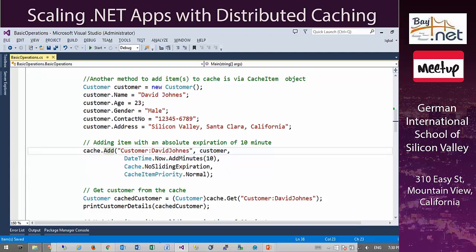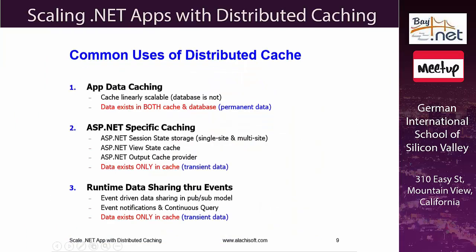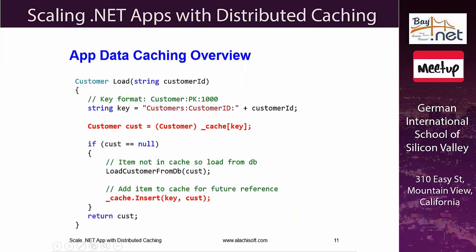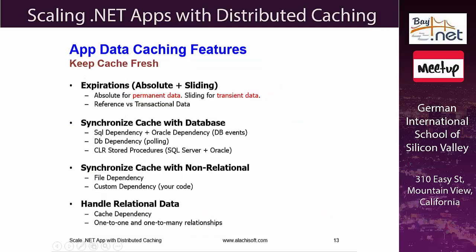It's going to say expire this object 10 minutes from now, regardless of what happens. And then you can do a cache.get, you can get the same thing back, and do other stuff. I'll come back to that. So here's what typical code looks like, and here's what the API looks like.